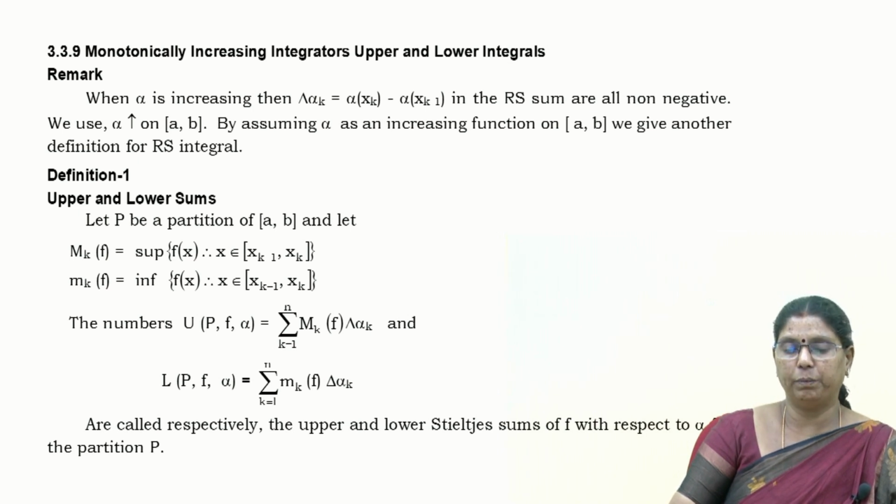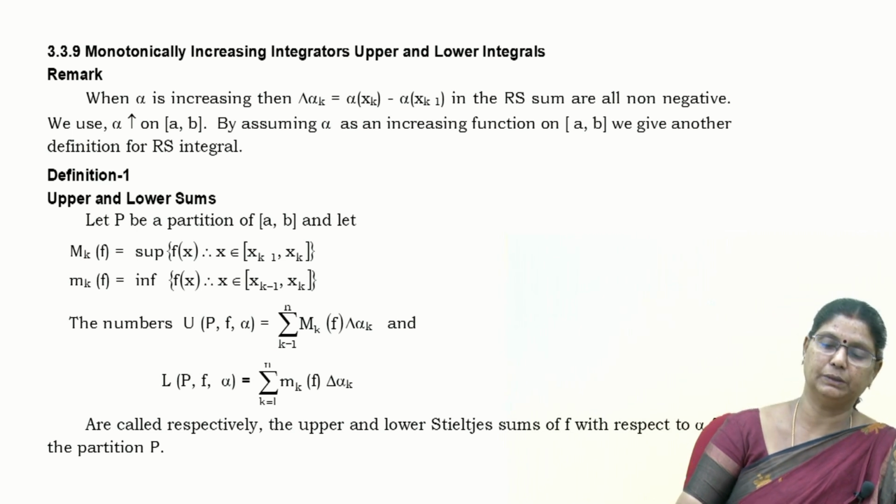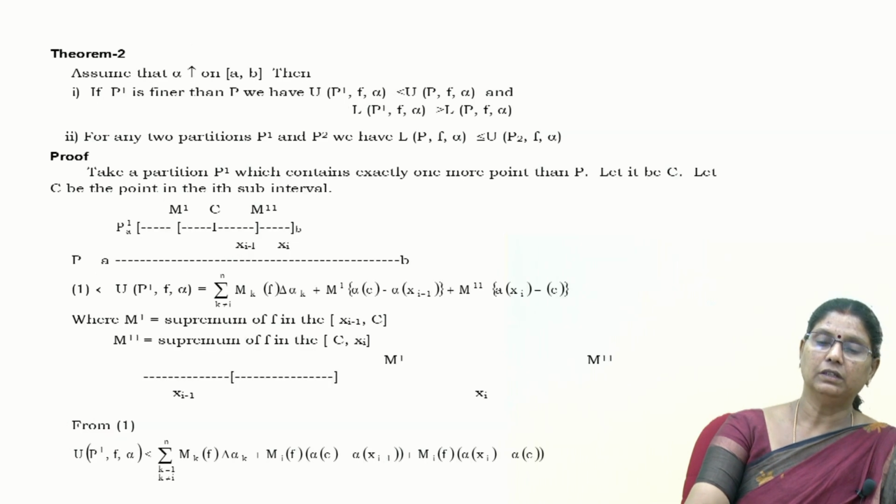The number U(P, f, alpha) is the sum of Mk of f into delta alpha k, and L(P, f, alpha) is the sum of small mk of f into delta alpha k. So, here U(P, f, alpha) denotes the upper Riemann-Stieltjes sum of the function f with respect to alpha, and L(P, f, alpha) denotes the lower Riemann-Stieltjes sum of the partition P for the function f with respect to alpha.